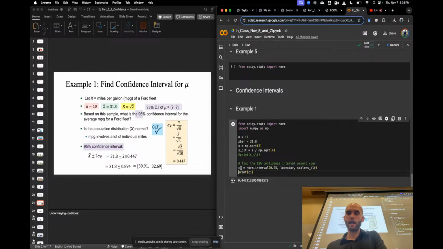So this is CI for confidence interval, and then we'll print this out. And this gives us an upper and lower bound, which is slightly different. You can check that these are pretty similar, but like we've talked about, every time we use the empirical rule, the 1, 2, 3 rule, we get something slightly different than when we do this precisely in code.